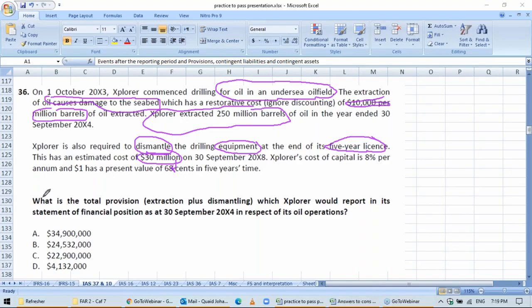What they are asking is, what is the total provision which Explorer would report in its financial statement of what date? 30th September 2004. At what date did they start drilling? On 1st October 2003. So this is after 1 year's time. They are talking about 1 year's time. Okay. So let's move ahead and get the calculations.